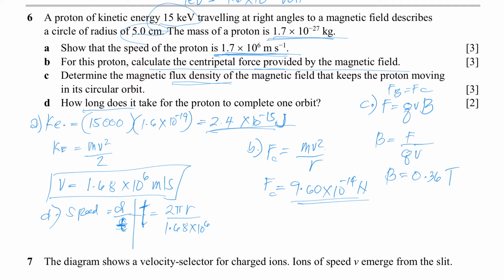The radius is 5 centimeter, change that to meter. So we can calculate the time. It will give us 1.87 times 10 to the negative 7 seconds. That is just 187 times 10 to the negative 9 seconds, or simply you can say it's 187 nanosecond.